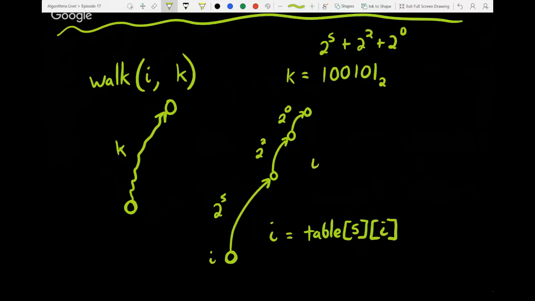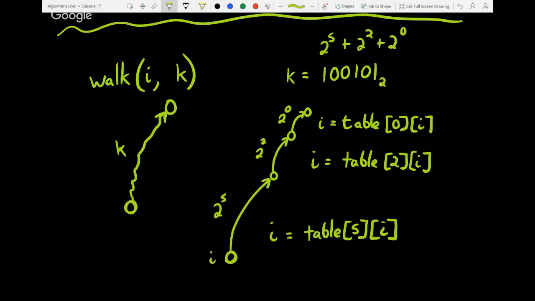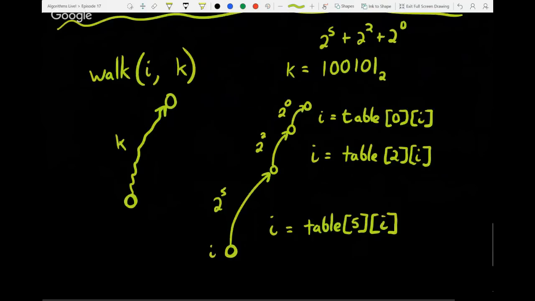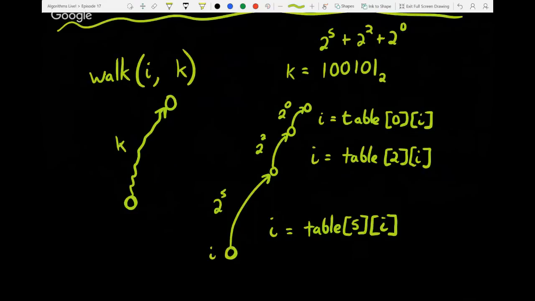And in the next iteration, I could go up to table 2 of i. So I've jumped up my tree. And then the last step, I just jump up by 1, which is table 0 of i. And so I'm just walking up the tree very quickly. There are at most log n bits in a number, so that's at most log n jumps up this tree. Pretty simple. All right, so that's the first helper function in terms of what you can do with binary lifting.